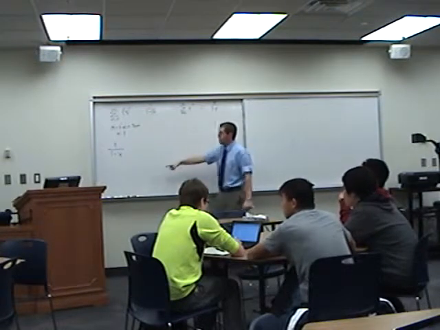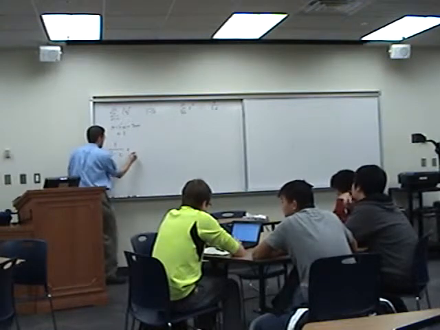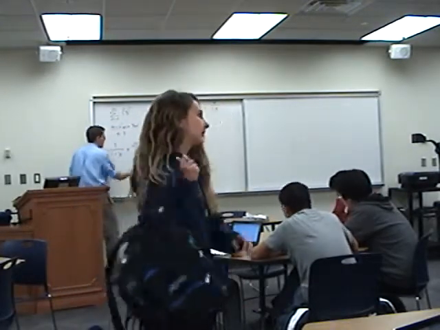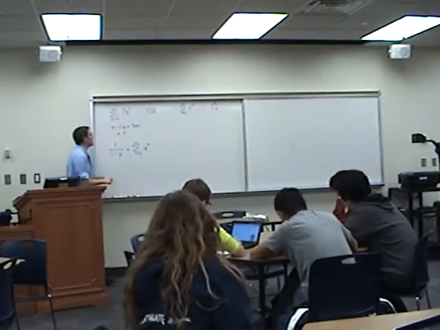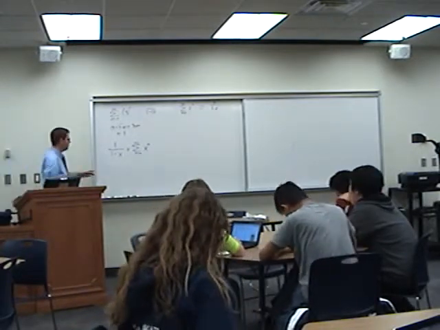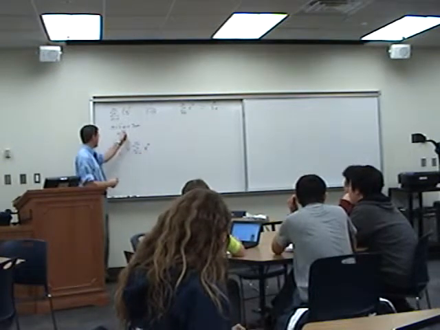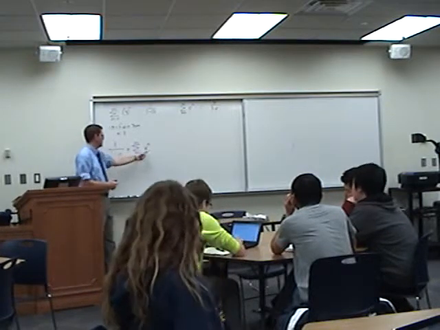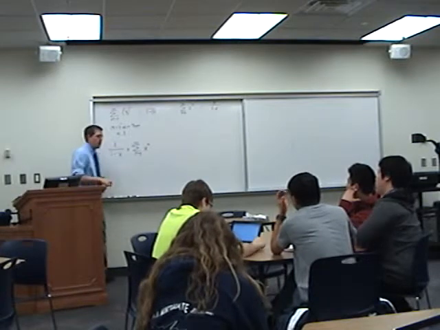What's my r in this case? x. So the series goes n equals 0 to infinity of x to the n. You can check yourself. If you plug in 0, what do you get? 1, which is my first term. That's my a.